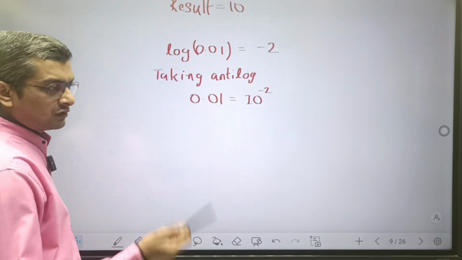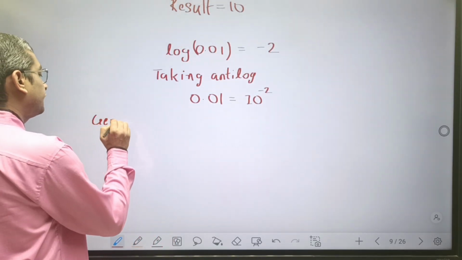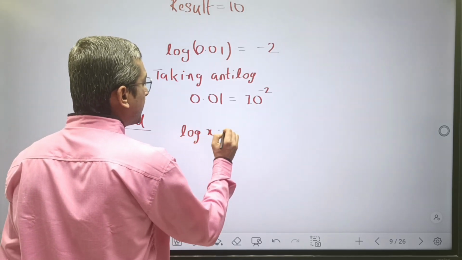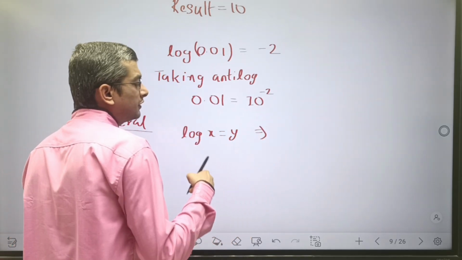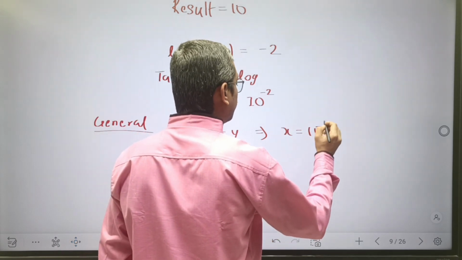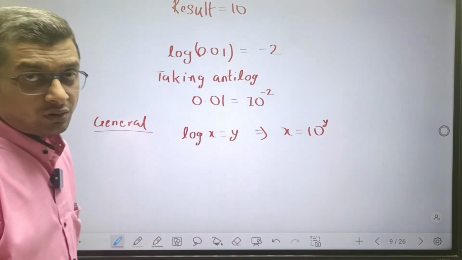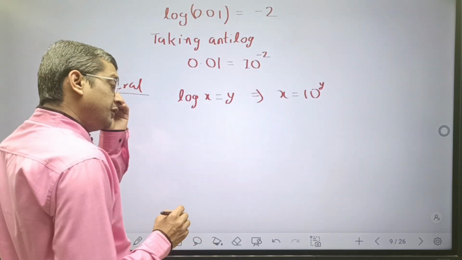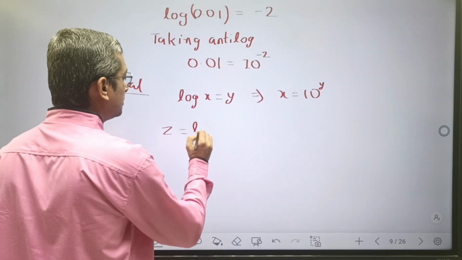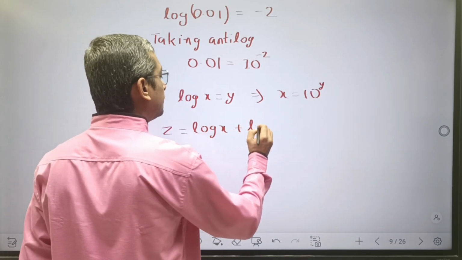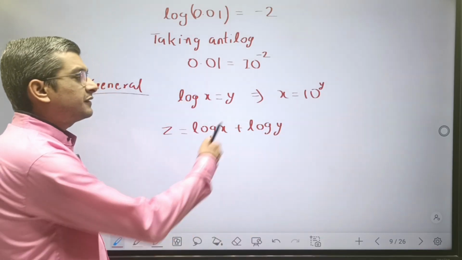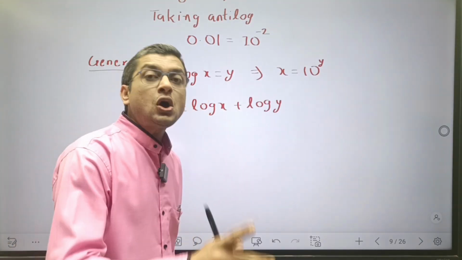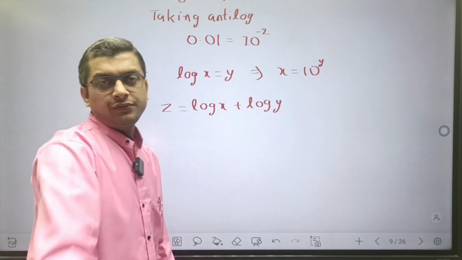Now let us write the general expression. If log x is equal to y, then after taking its anti-log, x is equal to base to the power y. That's all. This is very simple. For example, suppose z is equal to log x plus log y, and I say take the anti-log. Remember, before taking the anti-log, there must be only one log on the right hand side of the expression.